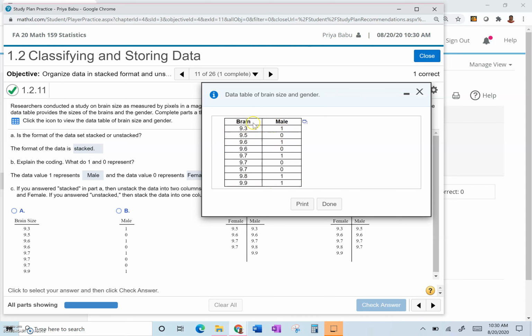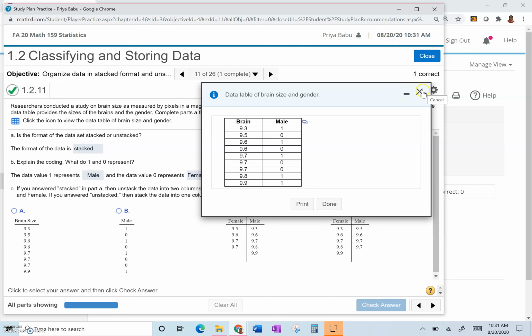Note that in the starting data, we have one numerical variable, which is the brain size, and then one categorical variable, which is the gender, which has male, female as categories. So if you split the numerical data into categories, we get an unstacked data set. So it has to be either C or D.